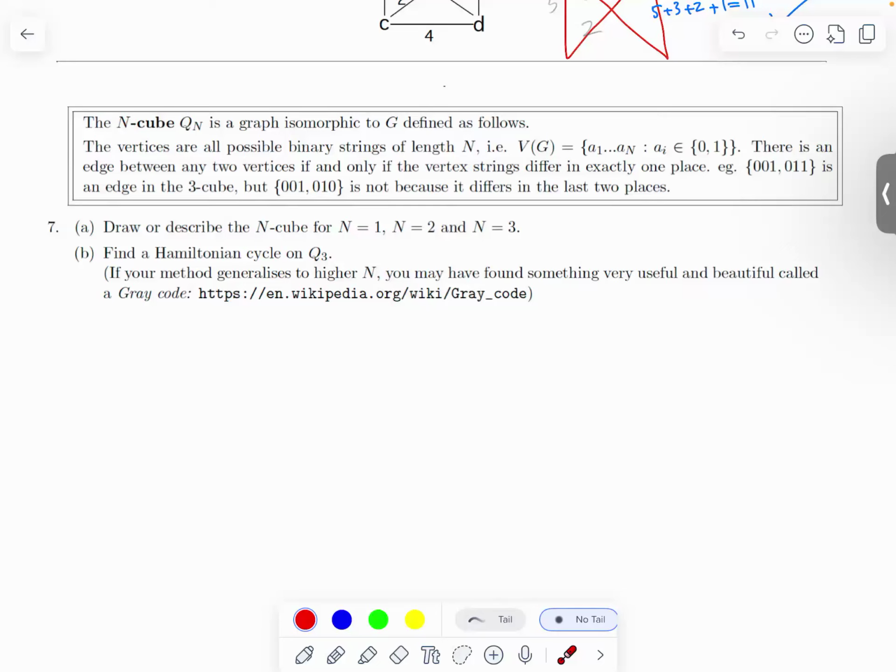I already said the vertices names, but the vertices are A1, A2, A3 until A to the power 2^n. And each vertex Ai is a combination of 0 and 1 of length n.